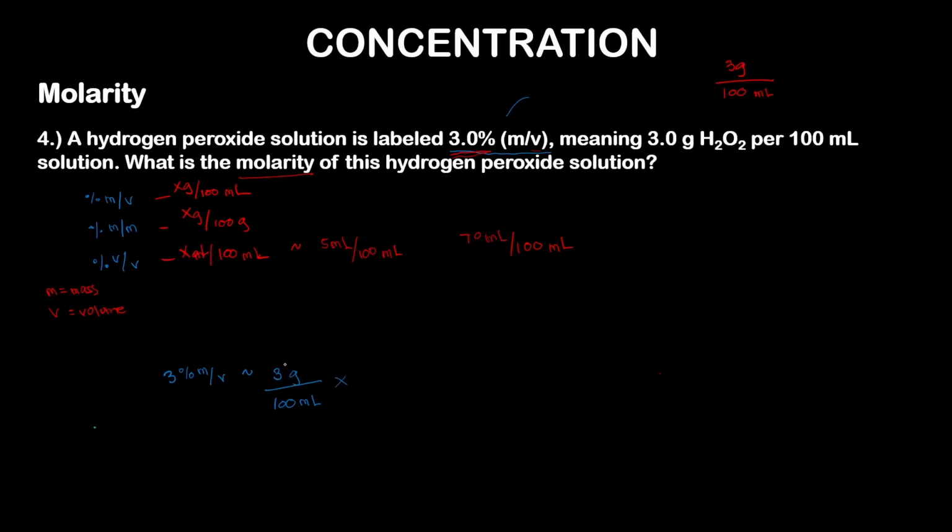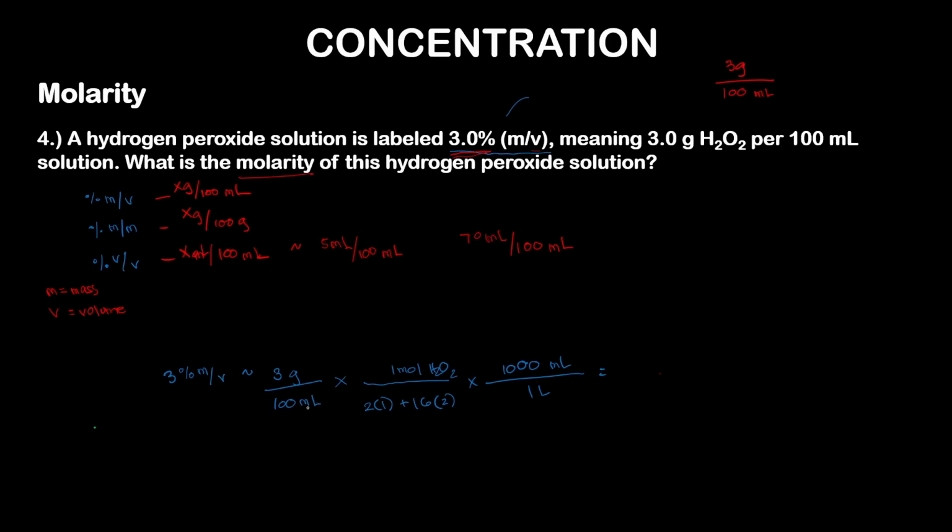Let's convert this to moles first. So we have H2O2 as the solute. And if you look at the periodic table, H is 1, so 2 times 1, and O is 16, plus 16 times 2. So that's 1 mole H2O2. So we got the mole. And let's convert this to liters. Okay, 1000 ml, 1 liter.